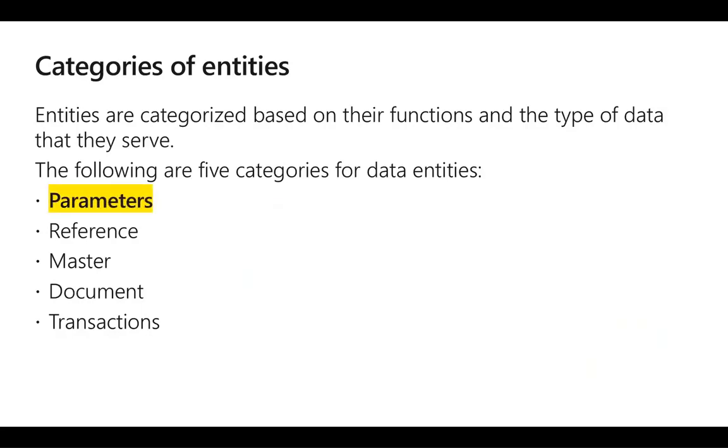Parameters data entities include data of functional or behavior parameters that are required to set up a deployment or a module for a specific build or customers. They can include data that is specific to an industry or business.